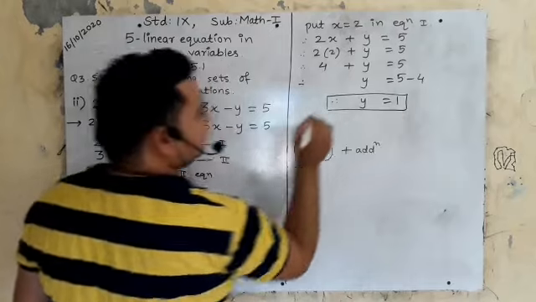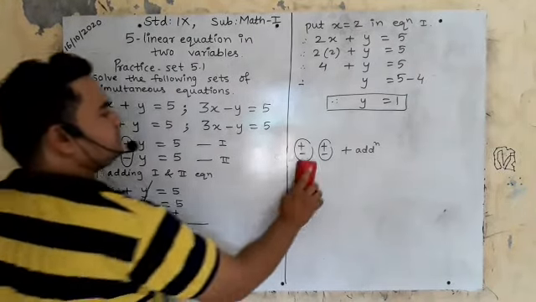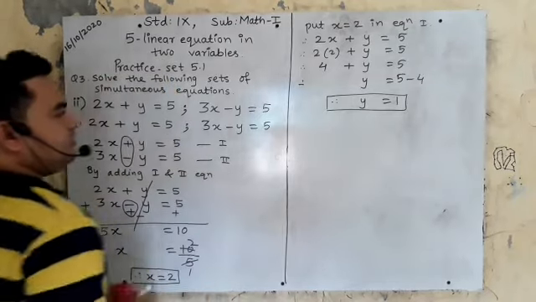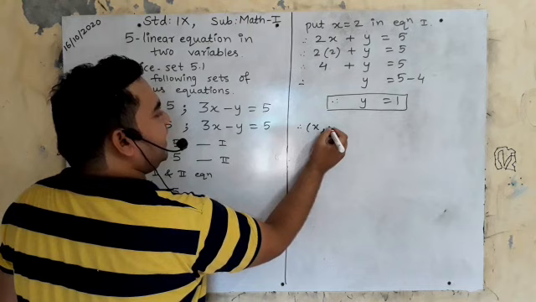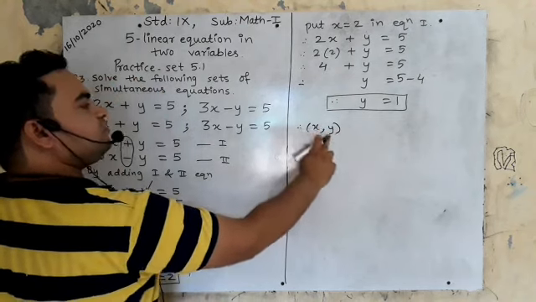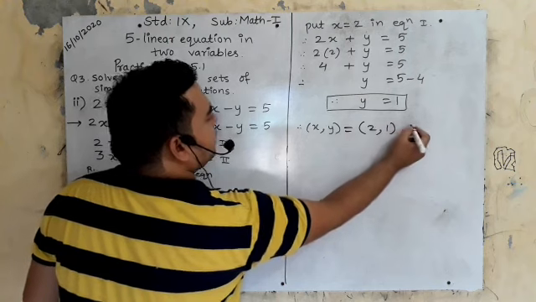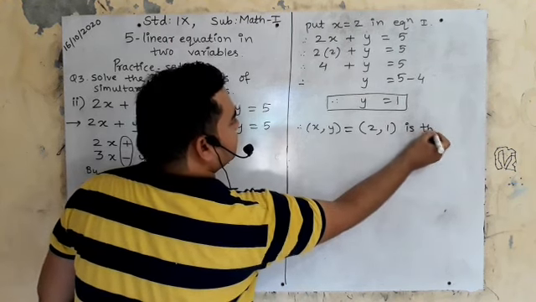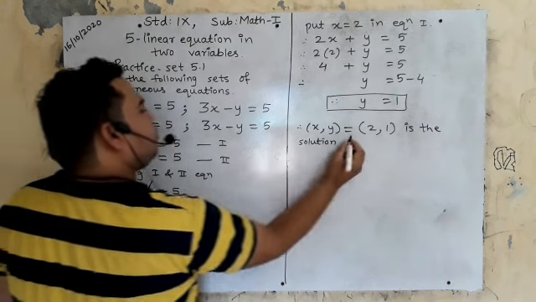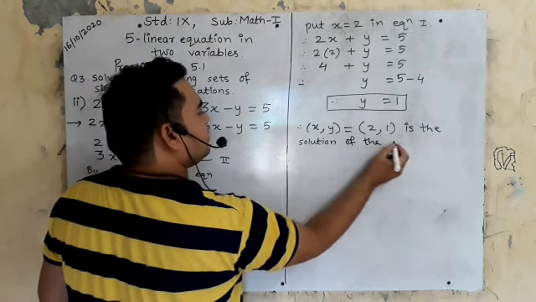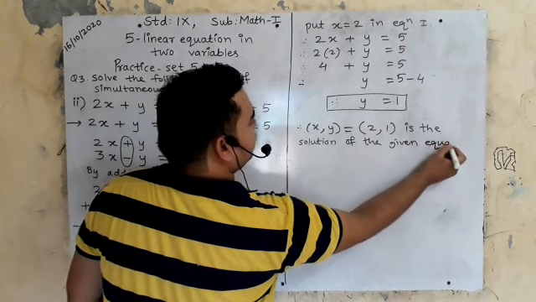You got both the variables? Yes, you got both the variables. See, x is equals to 2, so you will write at last, therefore x comma y, always x first, y second, is equals to 2 comma 1 is the solution of the given equations.